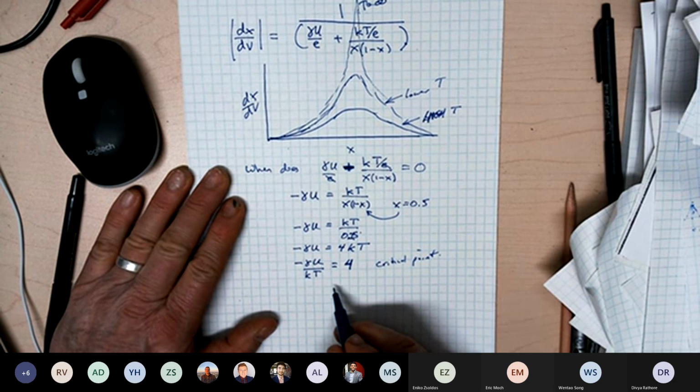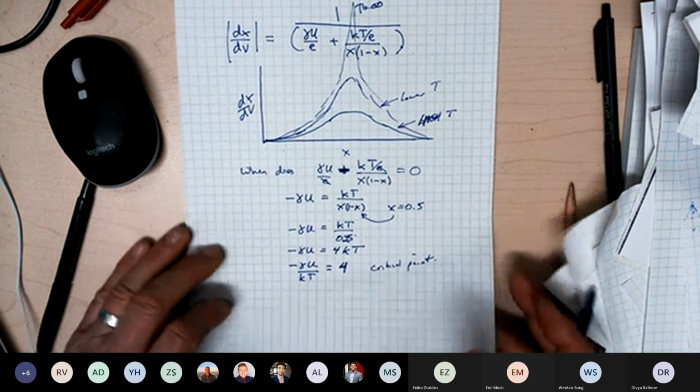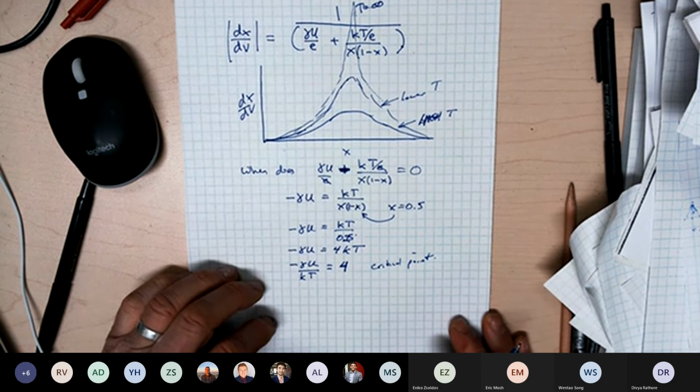So let me try to show you what this means with a graph, all right? So unfortunately, I need to go to another page.